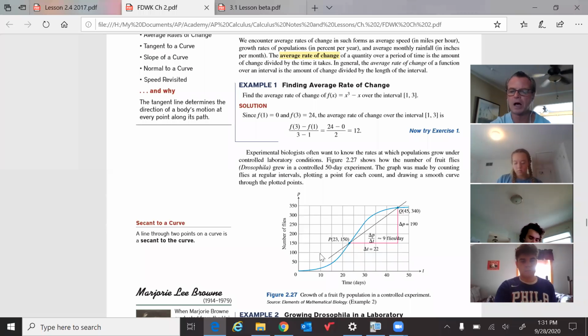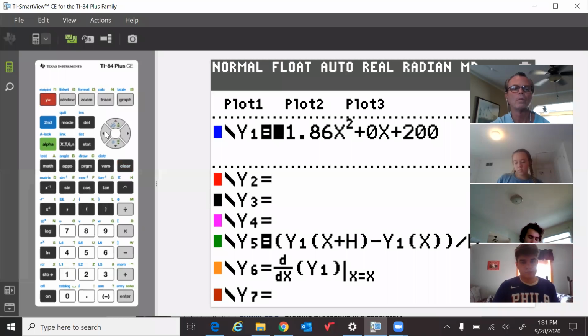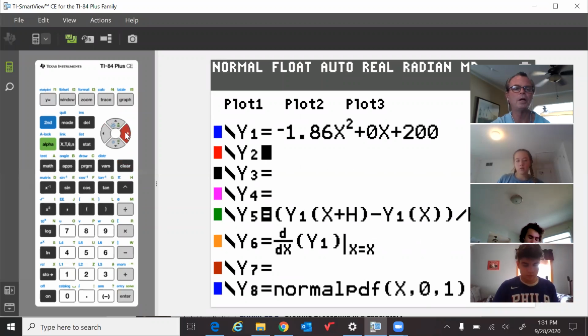And you don't need to do this, but I'll go to the calculator, and it's x cubed take away x.